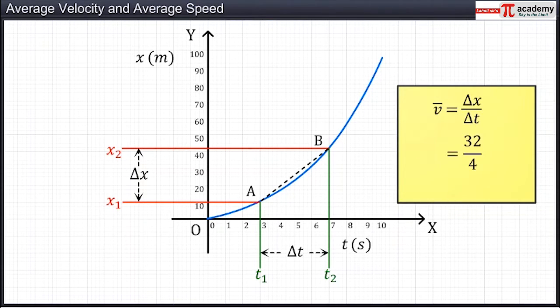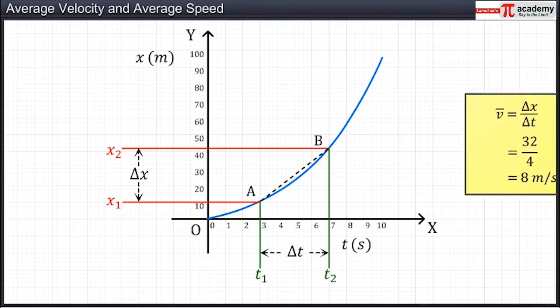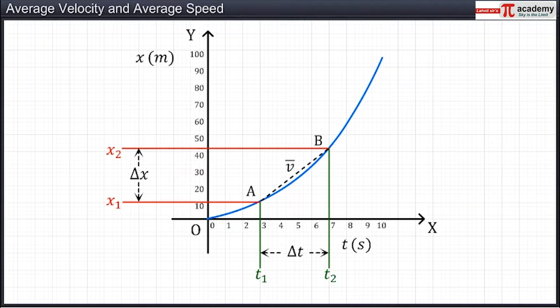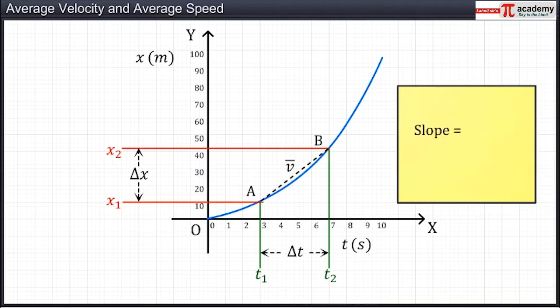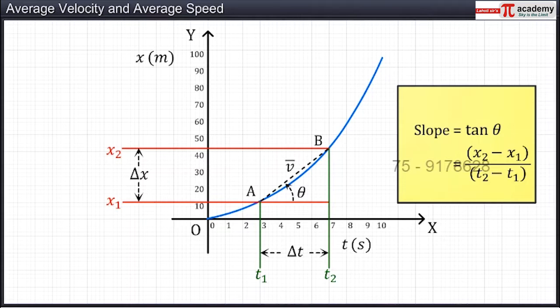V bar is equal to 32 by 4, which is equal to 8 meters per second. V bar represents the slope of the line joining points A and B. Slope is equal to tan theta is equal to (x2 minus x1) by (t2 minus t1).